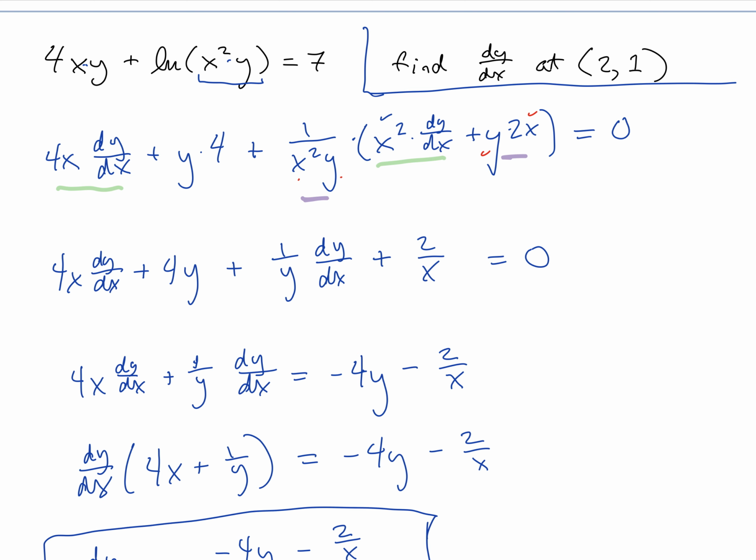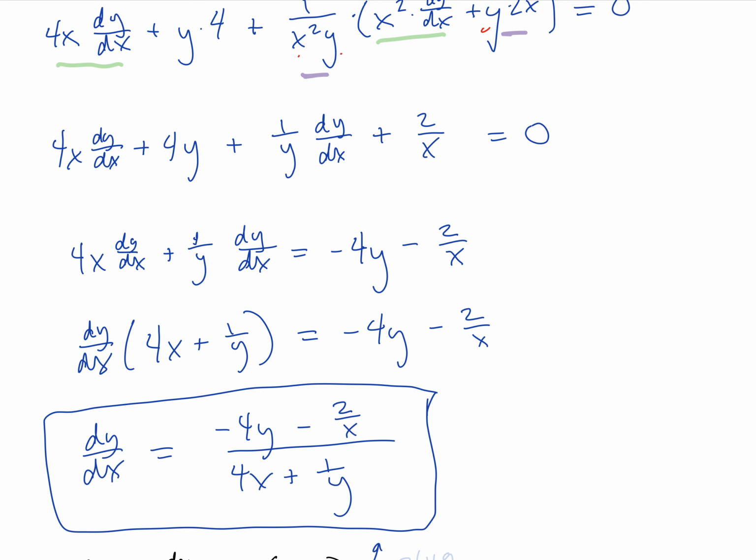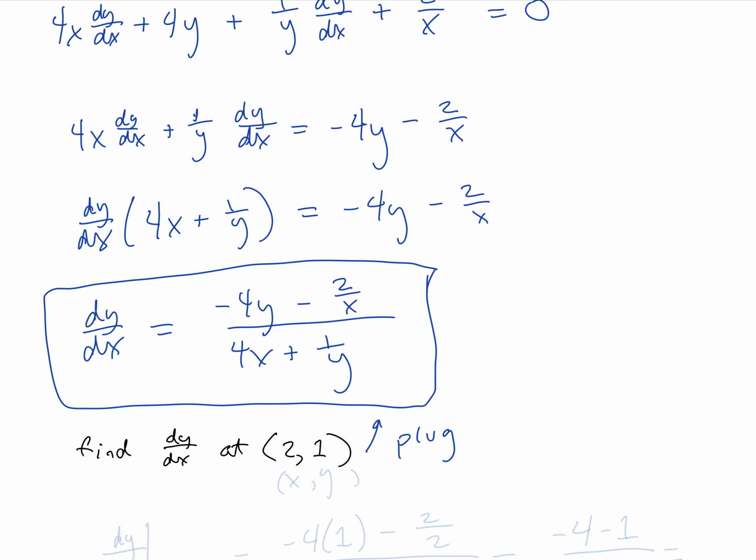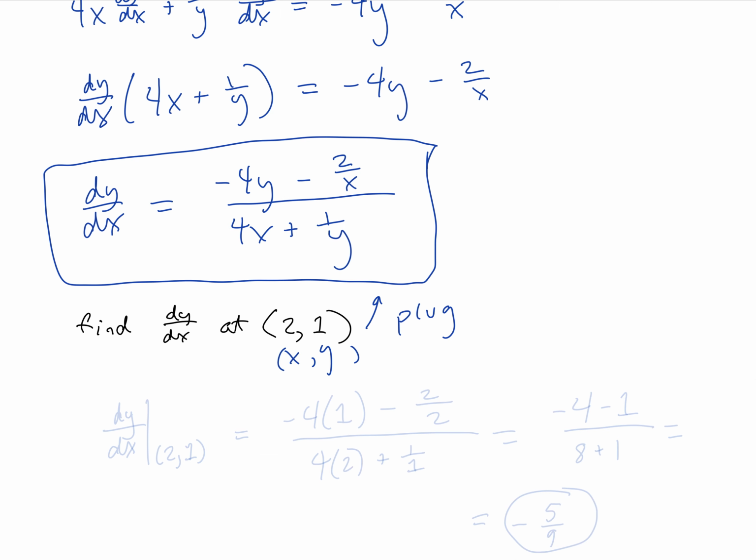I was also asked to find the derivative at a particular point. That's just plugging in our values for x and y. So this is the point x, y, and I'm just plugging those values in. So dy/dx evaluated at the point (2, 1) is equal to negative 4 times y, which is 1, minus 2 over x, which is 2, divided by 4x, x is 2, plus 1 over y, y is 1, and I can simplify that.